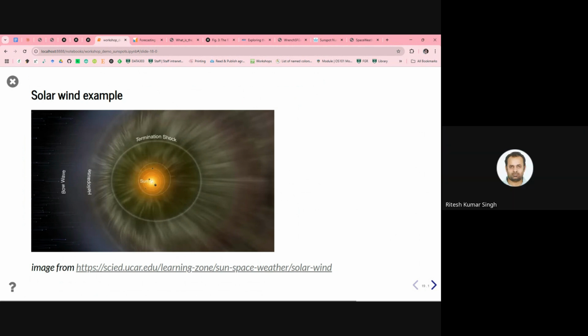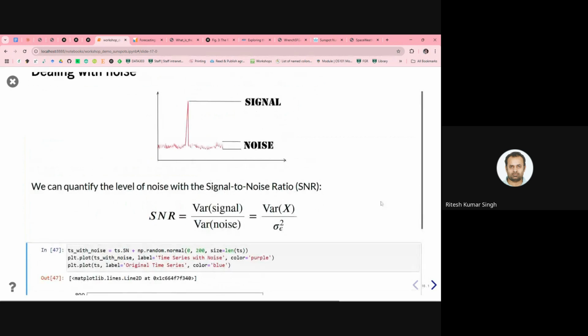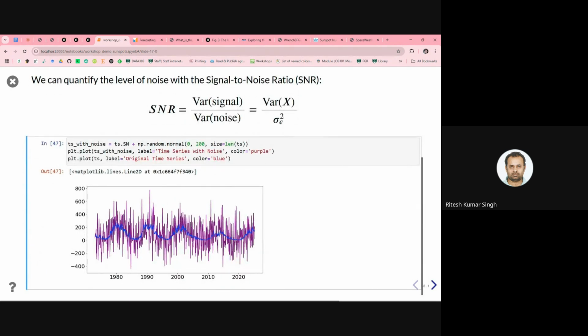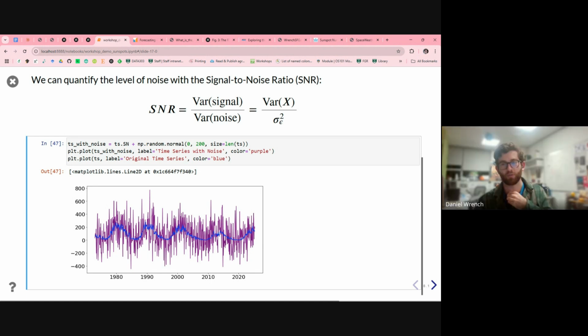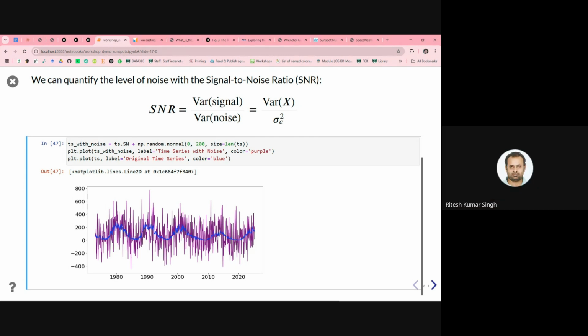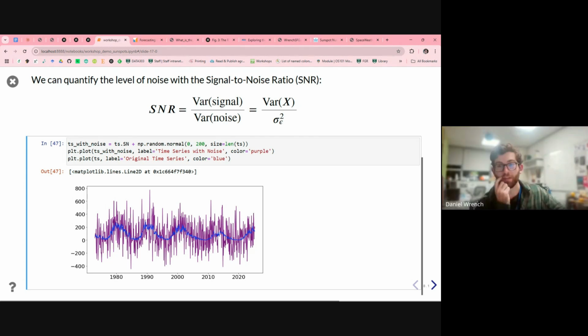One minor comment, Daniel. In the Gaussian case, the problem is that it can go both positive and negative. But since we are counting the number of sunspots, wouldn't a Poisson distribution be more relevant? Yes, that's a good point, where you want count noise that is only positive. That is true.